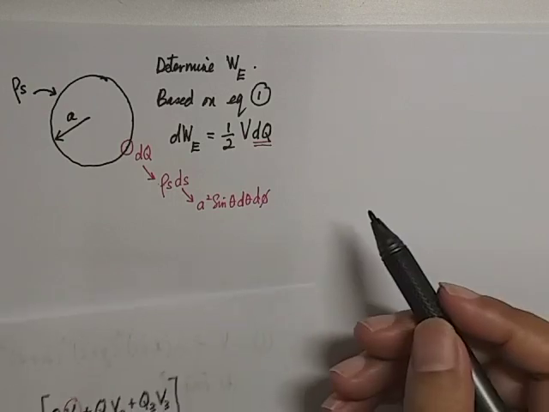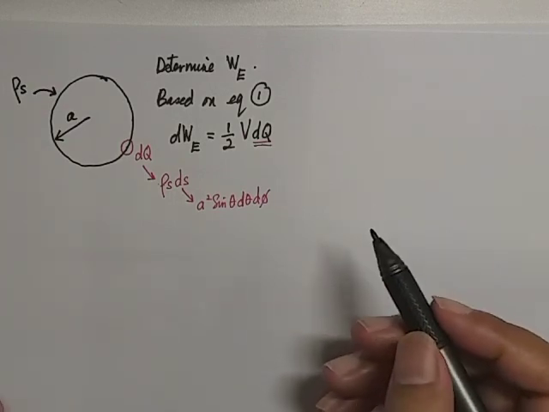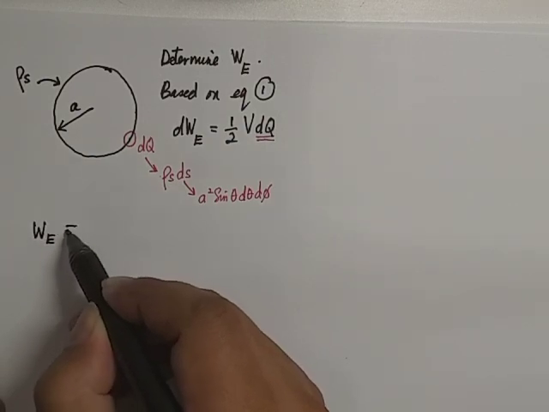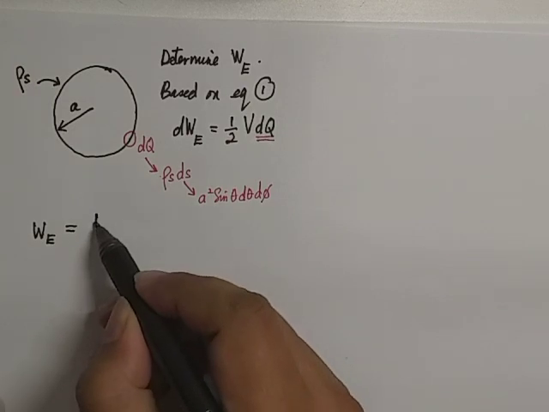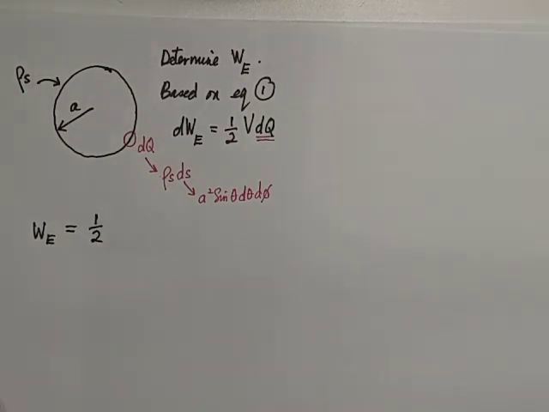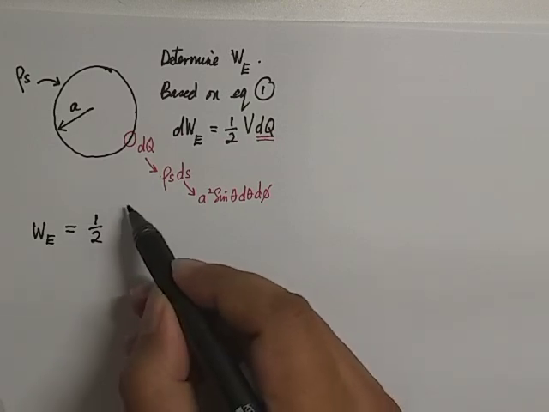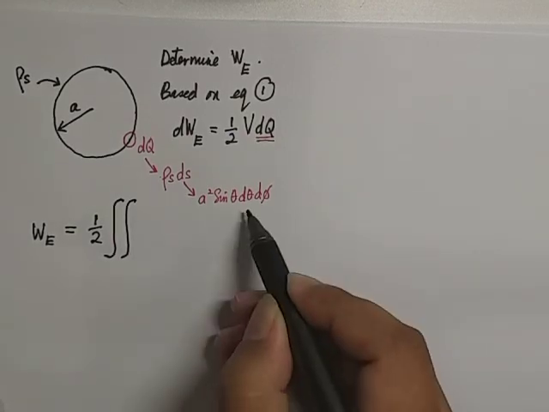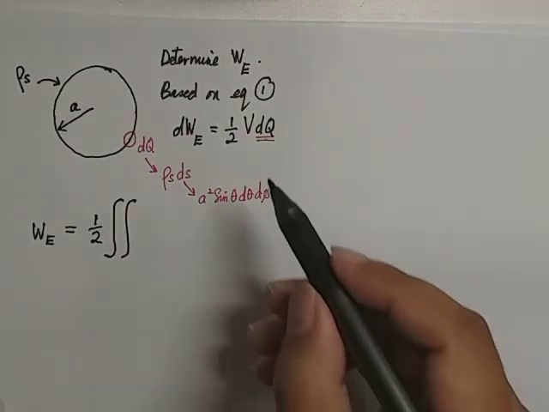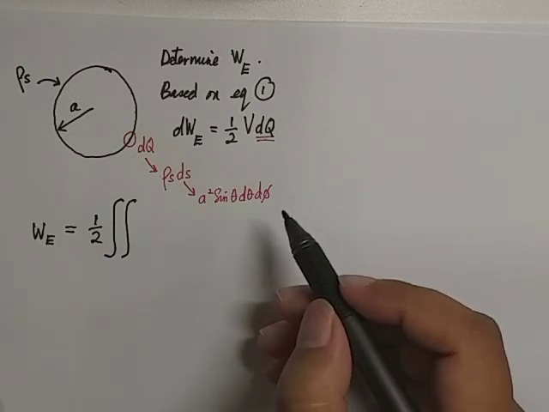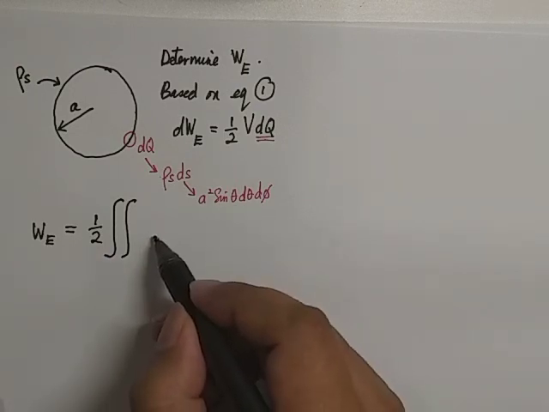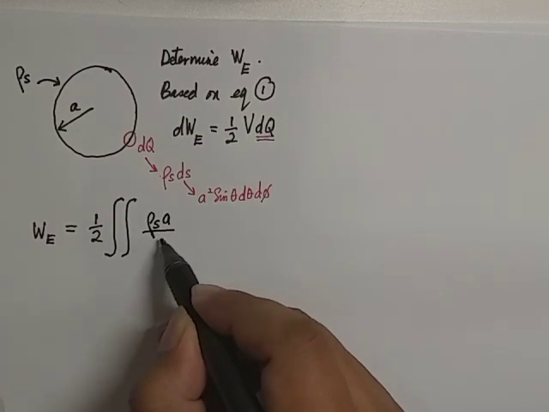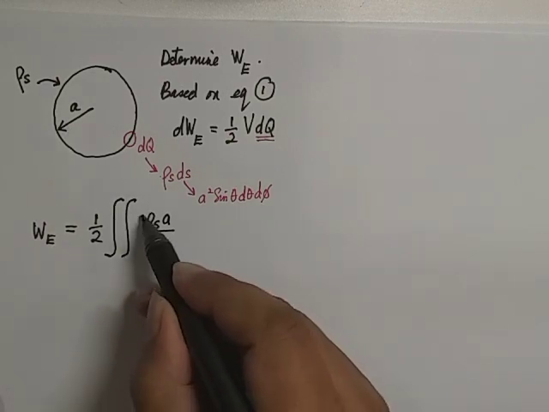So my WE now equals half, and then I know that my integration is now going to be double. Why? Because of this theta and this phi. The V obtained from our absolute potential solution that we just discussed recently should be equal to rho s a over epsilon naught. That should be our V.